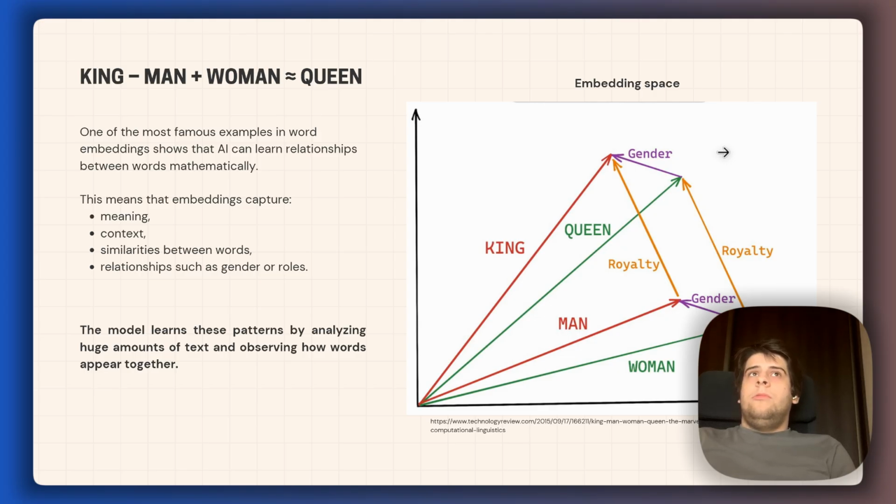And when we add a woman to this equation, we are basically adding royalty to the gender and to the person which is woman. So the outcome will be queen. And this is the actual way that LLMs interact with our natural language.